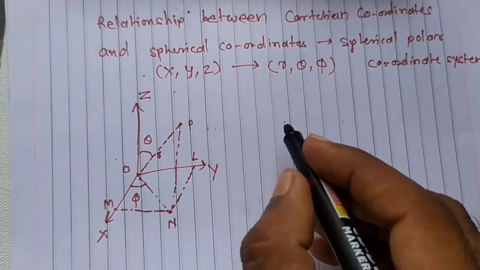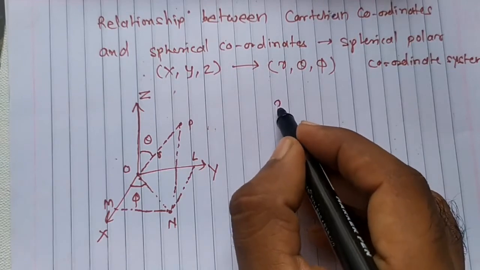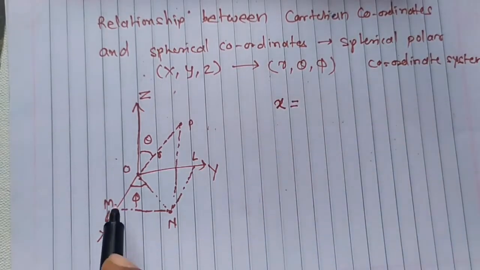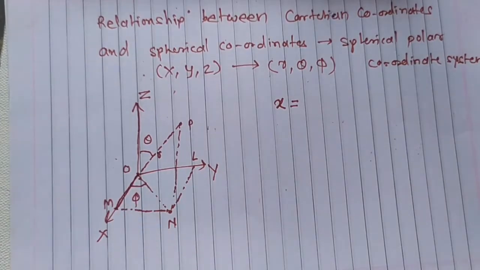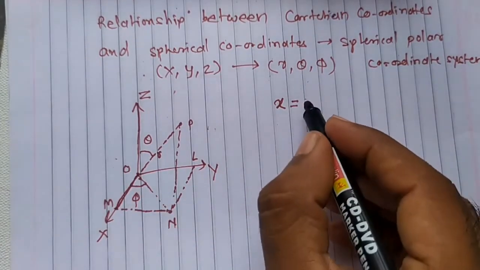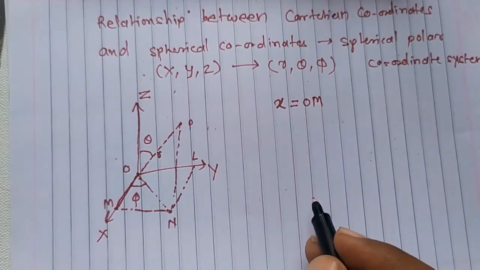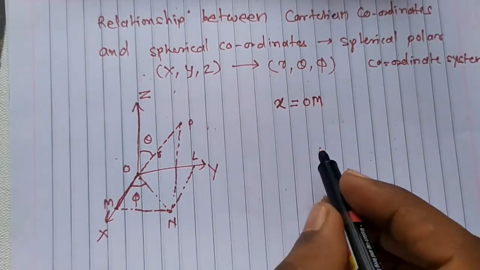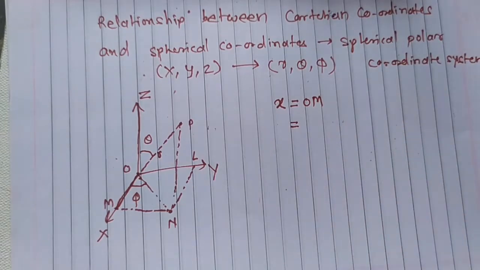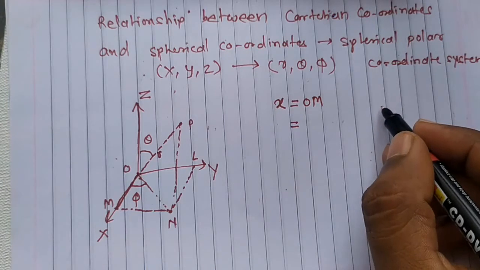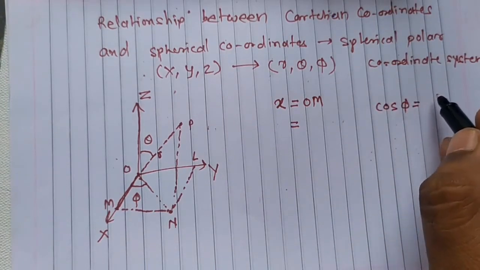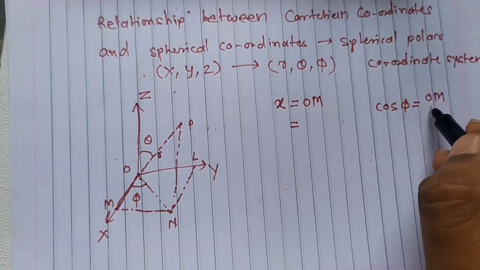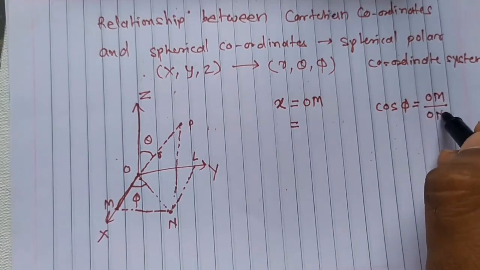Now I want to write the expression for x. So the x coordinate, you can see x means this distance, right? This distance is x, so OM is x. I can write OM in terms of phi. I can write cos of phi is equal to OM upon ON.